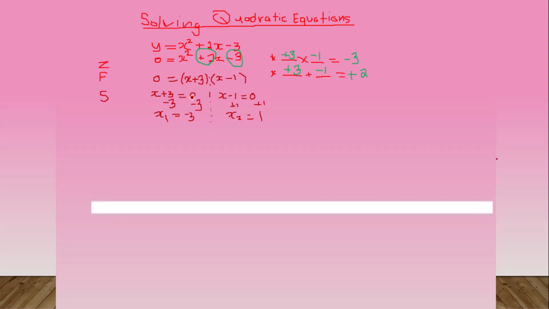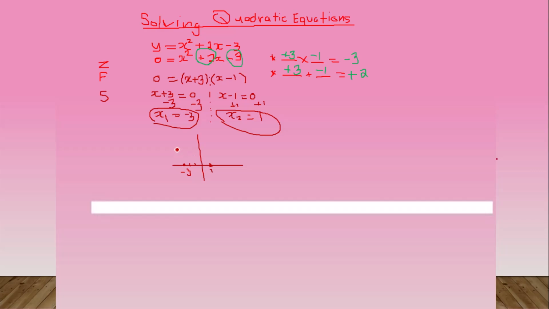Now, these values are just called solutions when we only solve the equations. If we were going to draw the graph for this quadratic equation, then these two values are our x-intercepts, meaning they are the points on the x-axis, -3 and +1, where the parabola will cut.